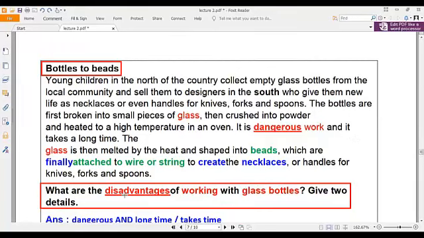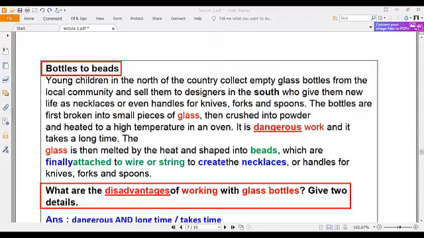Where is the disadvantages? I mean, we didn't use synonym of dangerous. Dangerous is not a synonym of disadvantages. You see? Paraphrasing. Yes. Thank you. Yes, Osama, good job. Thank you.